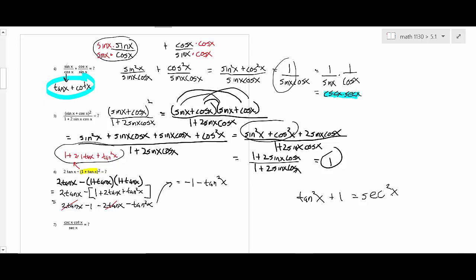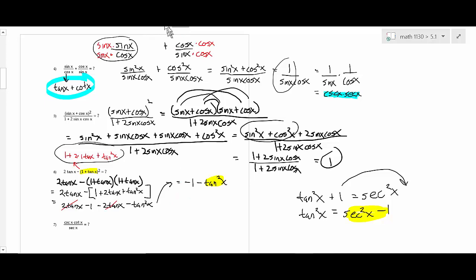So I just want to see if this makes anything simpler. It may or may not. So what I'm going to do is move the 1 to that side to get tangent squared x is equal to secant squared x minus 1 like that. And just see if it makes any difference on the problem, I'm going to change that tangent to this. Okay, and just see if it gets me down to a little bit simpler level.